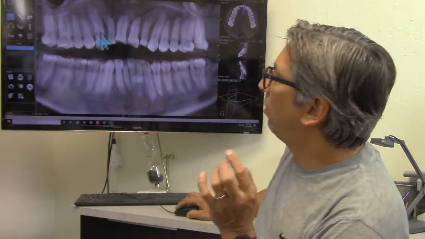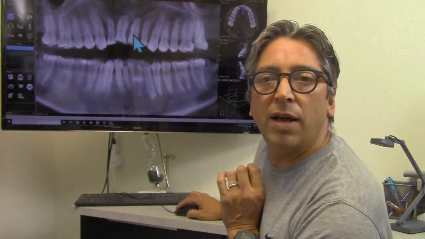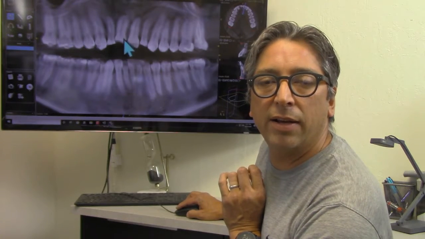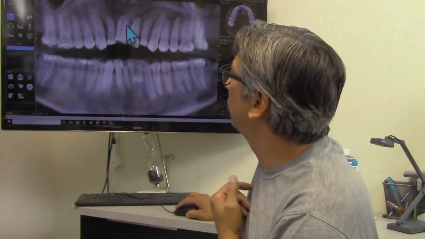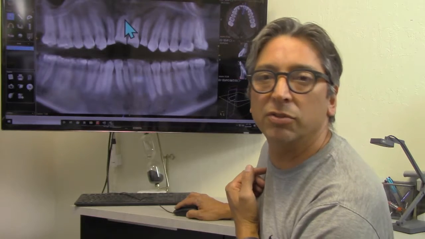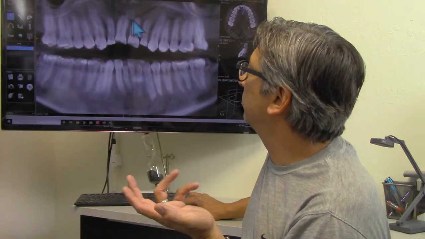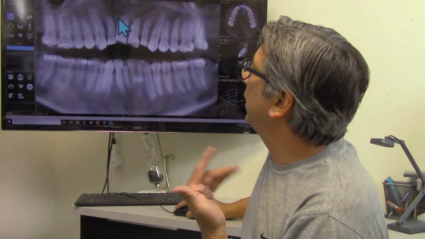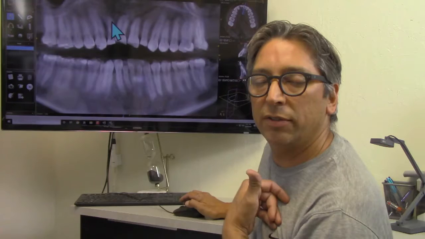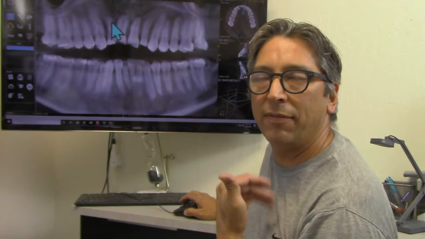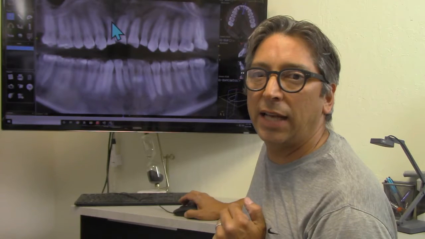So in all of these teeth here, you have a canal, and that canal is where the nerve goes through and then goes up to the apex of the root socket and comes out. Well, I don't see anything up here to really warrant that those nerves are dead, and he was having some signs of vitality to those teeth.